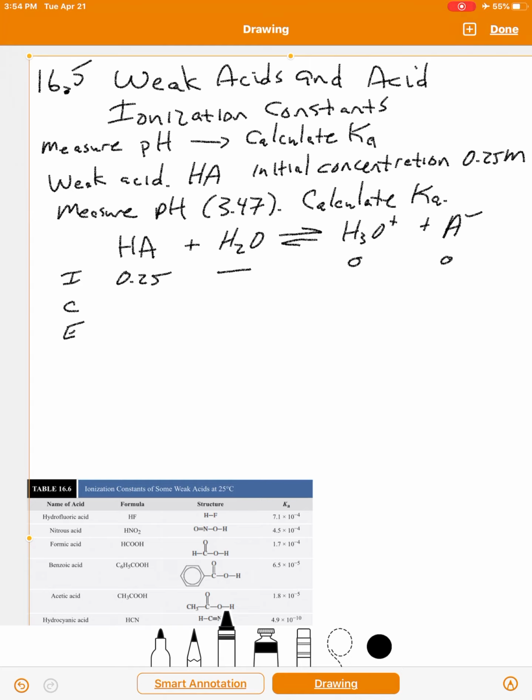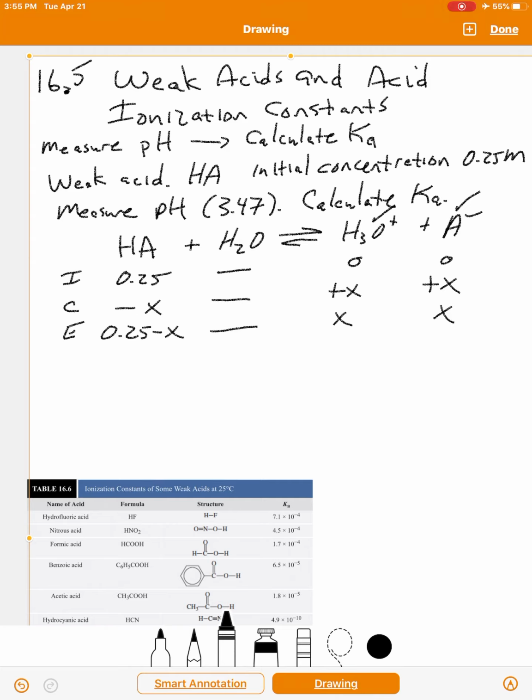Now, all we know other than the 0.25 molar is the pH. What does that tell us? Well, since these are initially 0, Q is equal to 0. So we do know this is going to go down by some amount, and this will be 0.25 minus X, right? And these will go up by some amount, and so at equilibrium, they'll both be X.